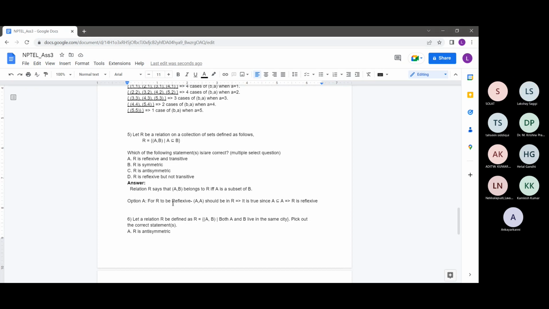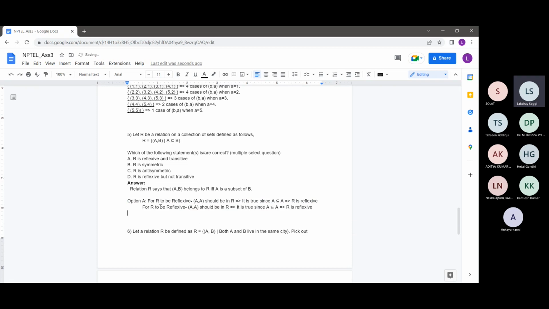So for R to be reflexive, we need the element A comma A to be in R, and it is true since A is a subset of A, so it will belong to R. Now we also need to check for transitivity. So similarly, I'll just write it down for R to be transitive.